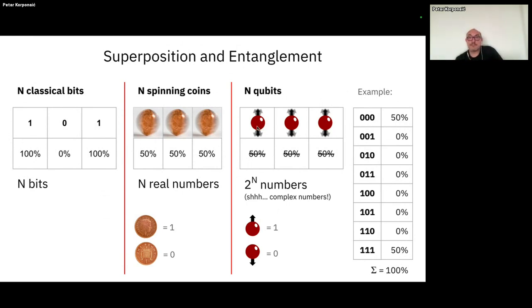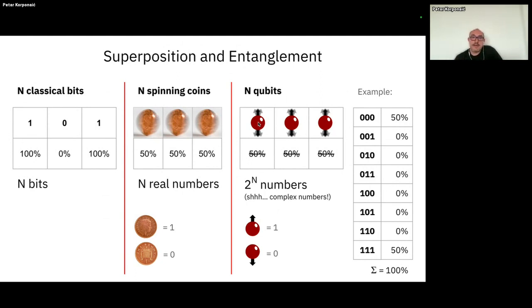It's both, if you want, and we don't know until we measure. The same as with a coin, we don't know if it is head or tail until we stop the coin. The same with a qubit: we don't know if it is 1 or 0 until we measure the qubit.